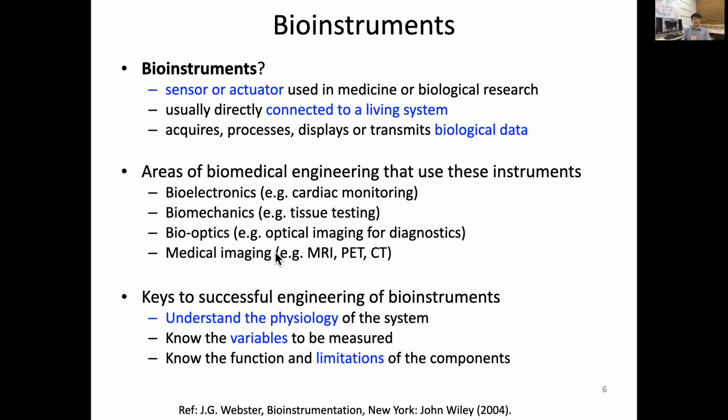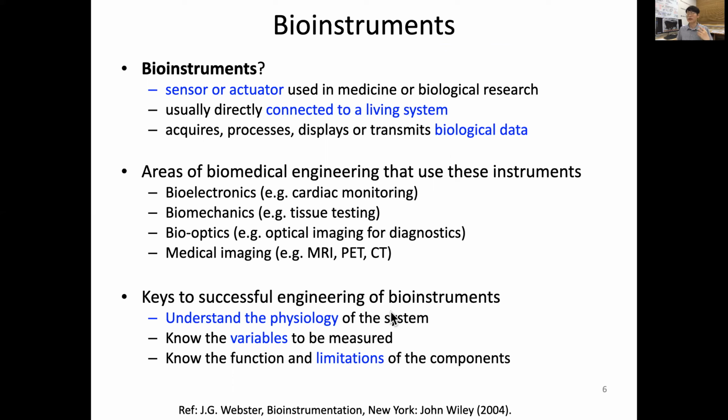So the keys to successful engineering of bioinstruments are, first, we need to understand the physiology of the biological system, or the patient, and the pathophysiology, the physiology of the diseased organs or function of the system.